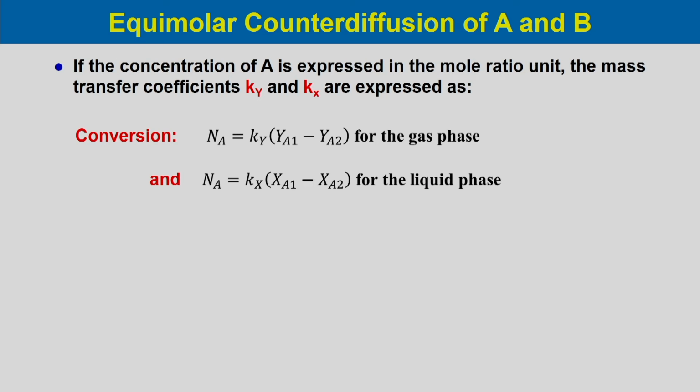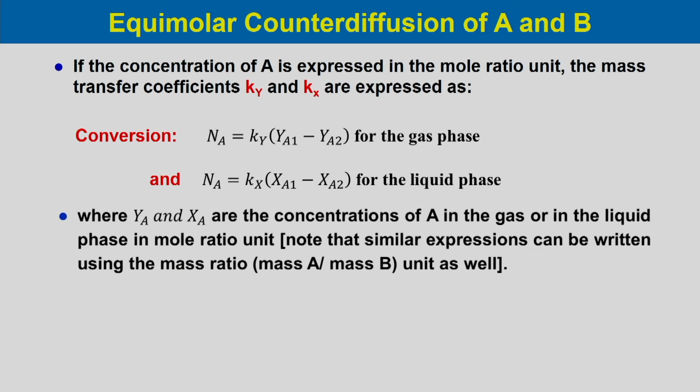And similarly, for the liquid phase, NA would be K capital X, XA1 minus XA2. Here capital XA1 minus XA2 are the mole ratio unit in the liquid phase. So, capital YA and capital XA are the concentration of A in the gas or in the liquid phase in mole ratio unit.